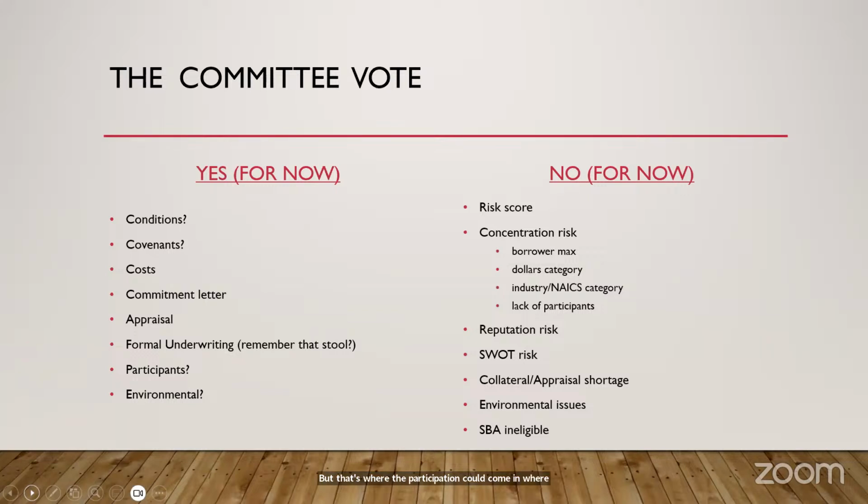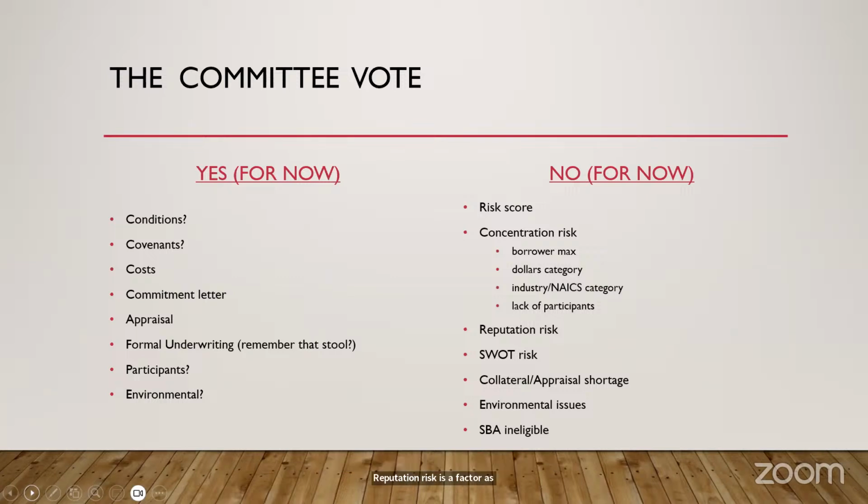Another no for now is a lack of participants. So maybe we send out your loan request to another financial institution and they have concentration risk as well, and they're unable to do anything with it. Reputation risk is also a factor as a no for now.